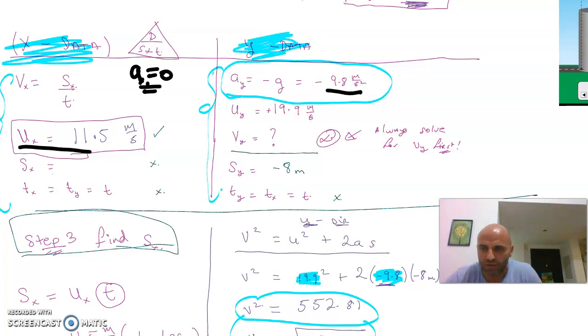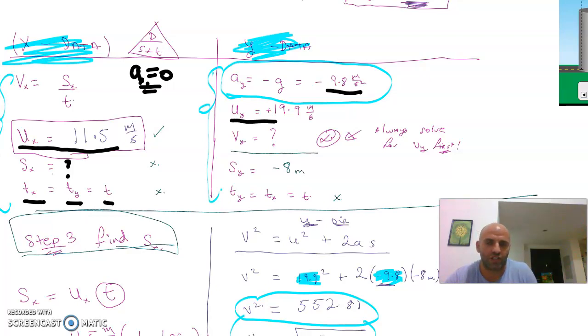List all of your knowns here, whether you know them or not. Your initial velocity in the X direction; your displacement is unknown, that's what you're after. Your time for the X is going to be the same as the time for Y, which we just call T, we drop the notation. And then you do the same thing in the Y direction. Please remember, acceleration only affects the Y direction.